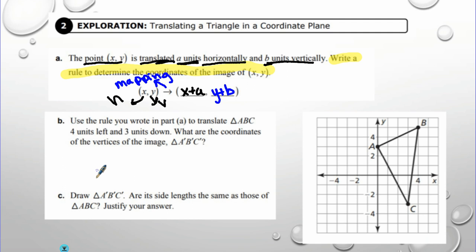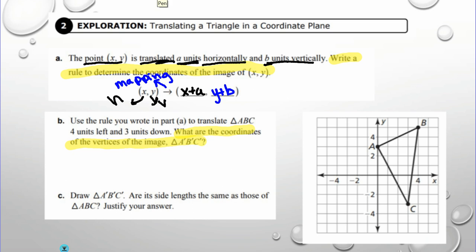Now part B says use the rule you wrote in part A to translate triangle ABC 4 units left and 3 units down. What are the coordinates of the vertices of the image of triangle A prime, B prime, C prime? I'm going to highlight this question so I can make sure I'm focused in on what I need to do. First thing I need to do is restate this question.